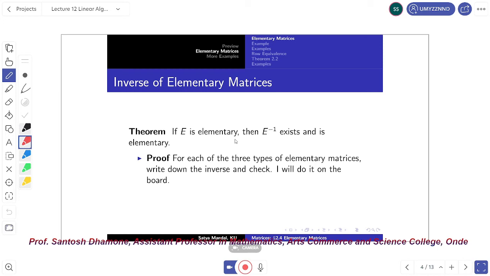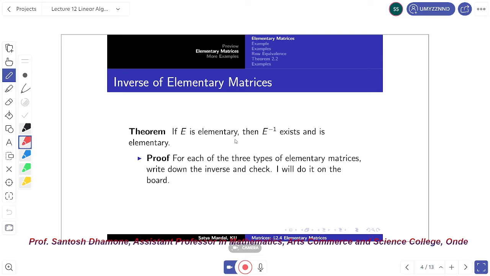This is the inverse, E inverse, and this is equal to minus 2 upon minus 2, 0 upon minus 2, 0 upon minus 2, 1 upon minus 2. Then this is also an elementary matrix.